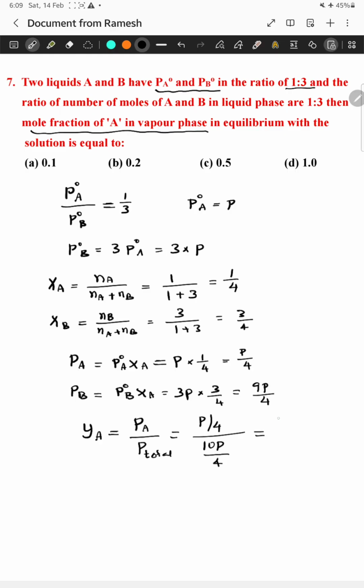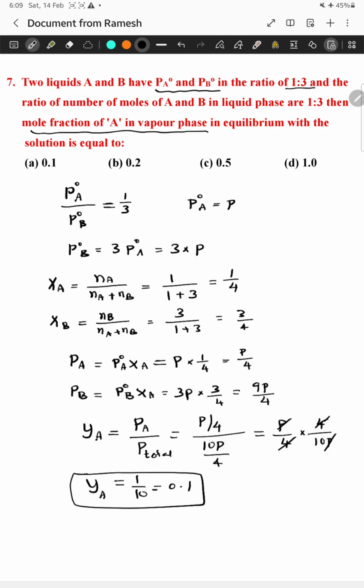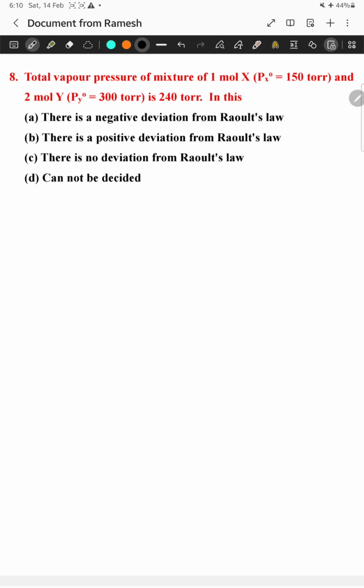Further simplification: P/4 into 4 by 10P. The 4 cancels out, P cancels out, so you will get 1/10. 1/10 means 0.1. So Ya, the mole fraction of component A in the vapor phase, is 0.1. So 0.1 is there in option A. So for question number 7, option A is the correct answer.